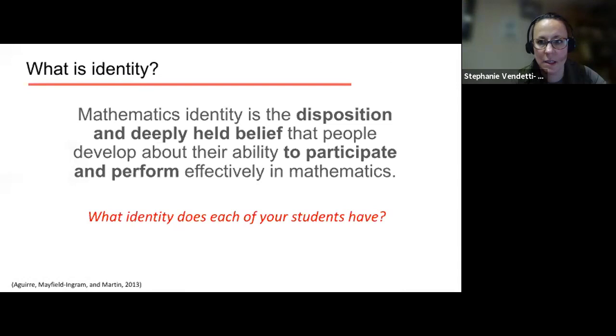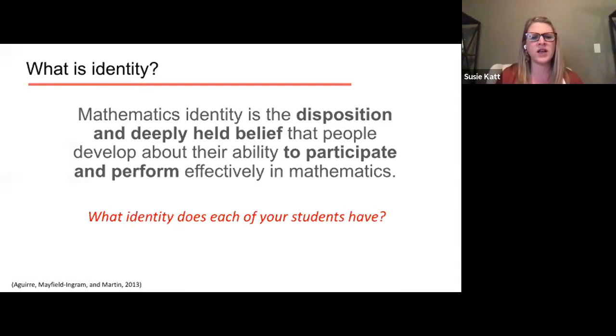All right. So this whole idea of identity: math identity is the disposition and deeply held belief that people develop in their ability to participate and perform effectively in mathematics. And we know that even our kindergartners who walk into our buildings and our classrooms have these individual and unique characteristics and identities. All of us have varying attitudes and experiences that shape who we are, especially in terms of mathematics.